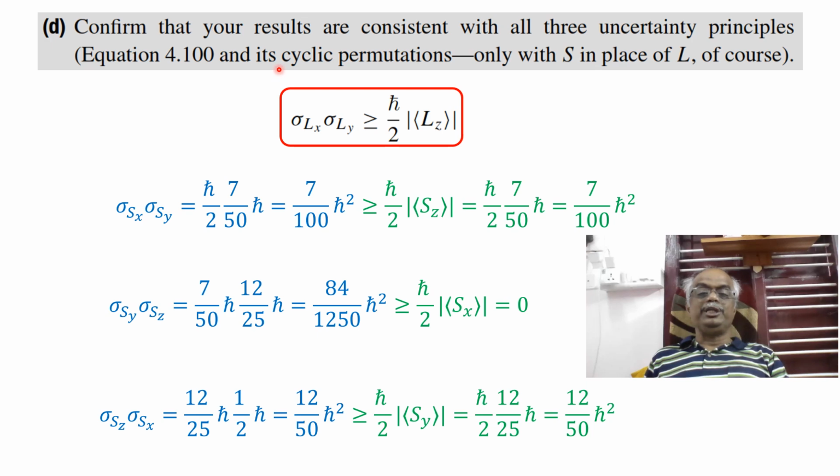The point to be noted, as given in the problem, is that S, L, and J come under a Lie group. Whatever relation is applicable for L is equally applicable for S or for J, because all come under the Lie group. So here you can replace L by S, that's all, or L by J, whatever it may be.